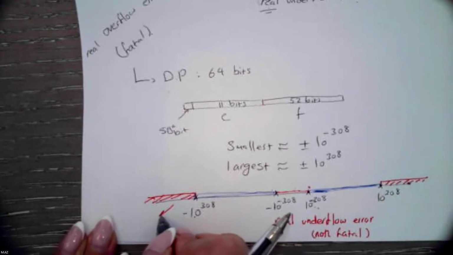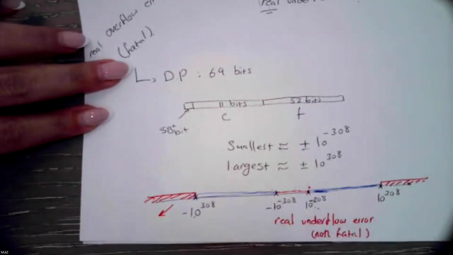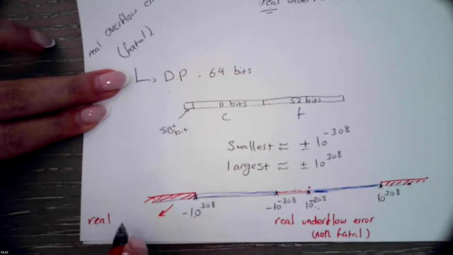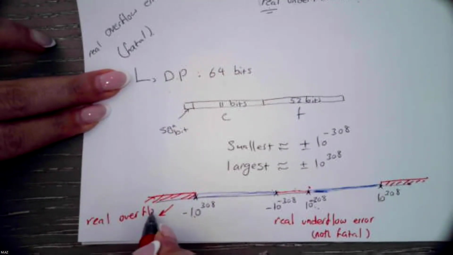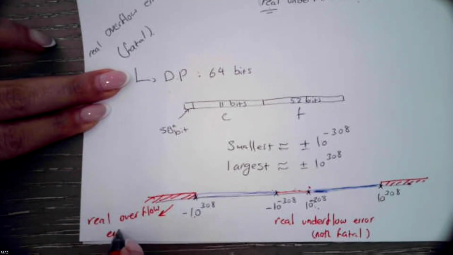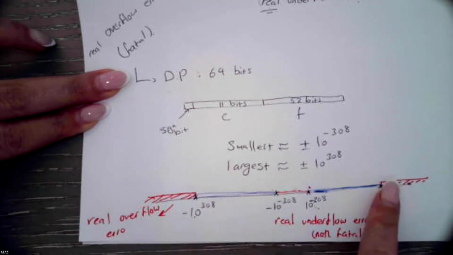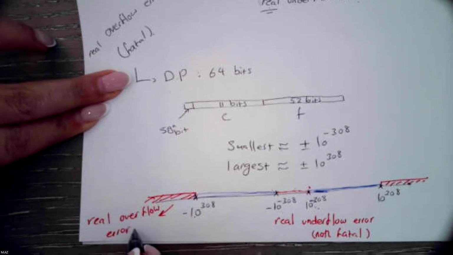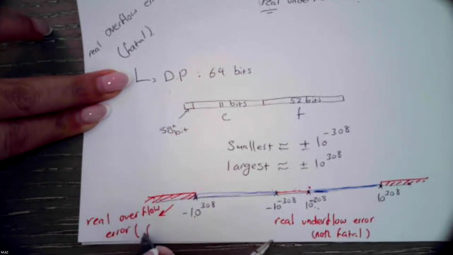The real overflow error happens for both sides, and this is called a fatal error.